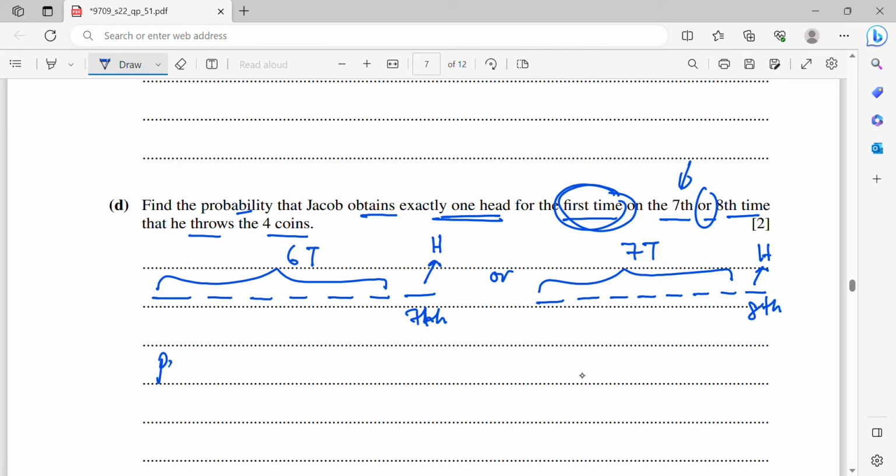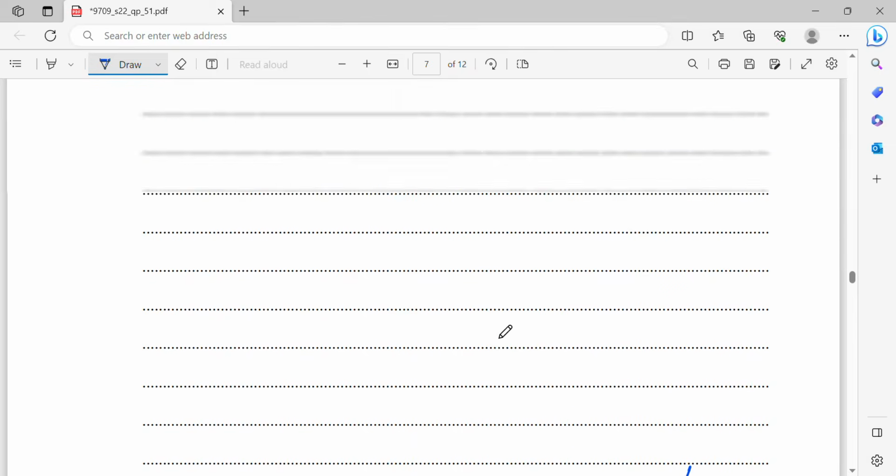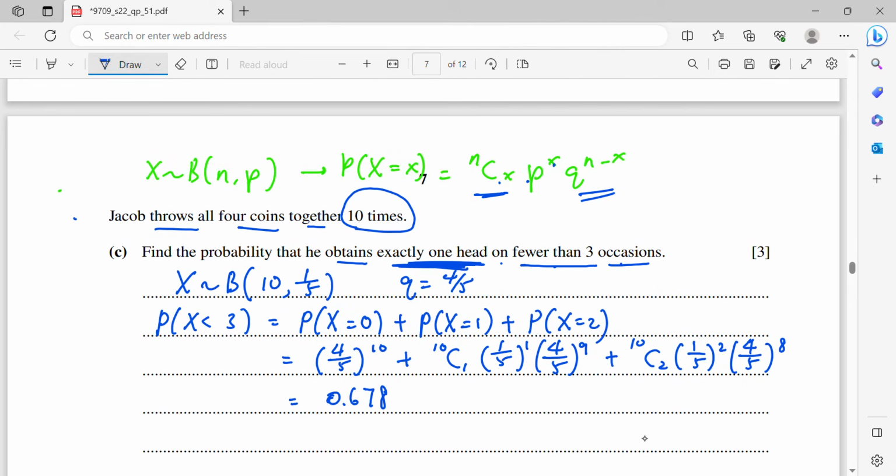Okay, so now you can just write probability equals to, okay, so from here to get a H, 4 coins, okay, you see, look at here. If he gets exactly 1 H, the probability is 1 over 5.